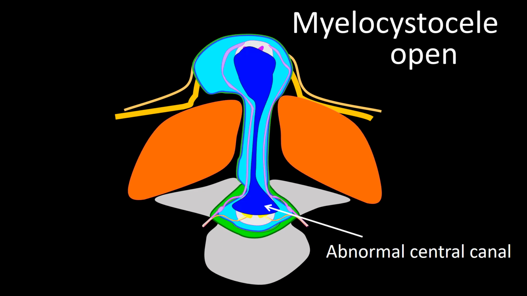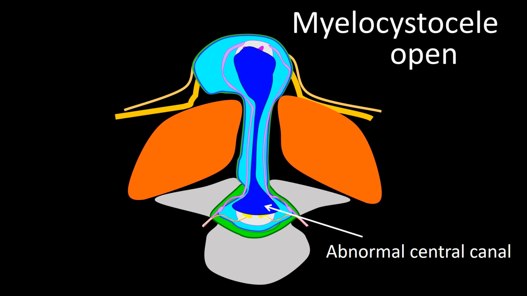In some cases of spinal dysraphism, the spinal cord is split. A part remains in the spinal canal and the other part is found in the protruding meningeal sac. In these cases, the spinal canal presents between them.